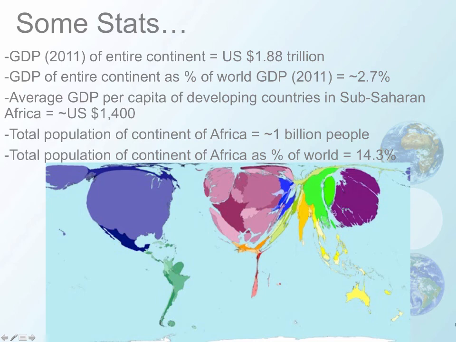There are more than a billion people living on the continent, which comprises almost 15% of the total population of the world. So there are a lot of people in a lot of different countries, but not much wealth.